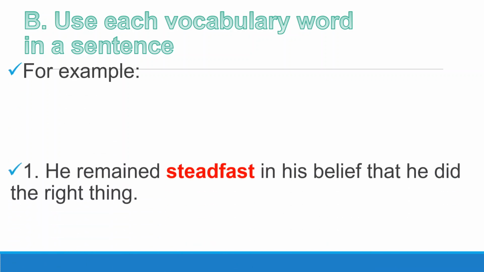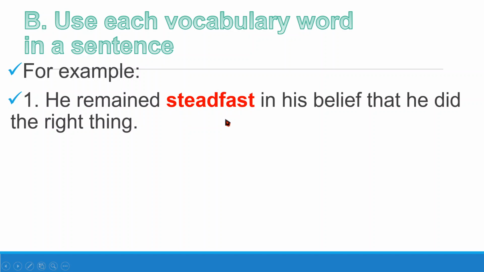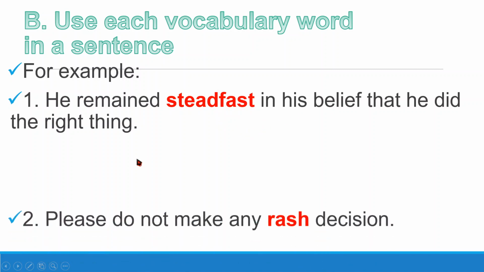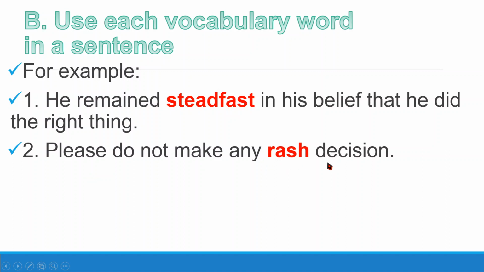For example, number 1: he remained steadfast in his belief that he did the right thing. Steadfast is used here because it means to remain true or loyal, staying true to his belief. Number 2: please do not make any rash decision. A rash decision means a foolish decision, maybe a mistake or wrong decision.